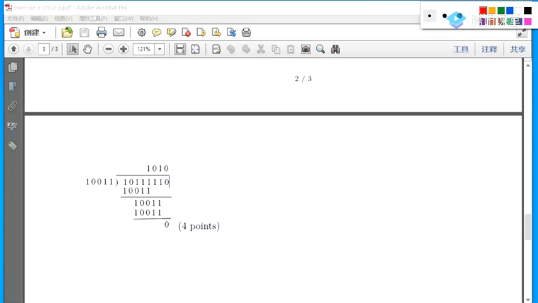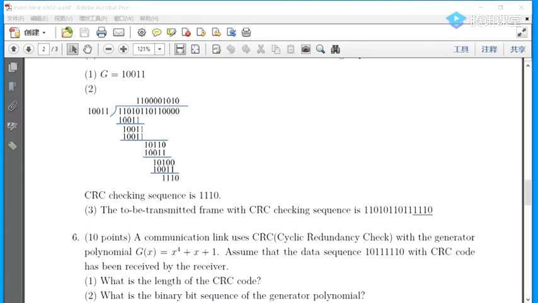Do you notice that here we didn't append any 0 bit, but there we appended 4 zeros, right?